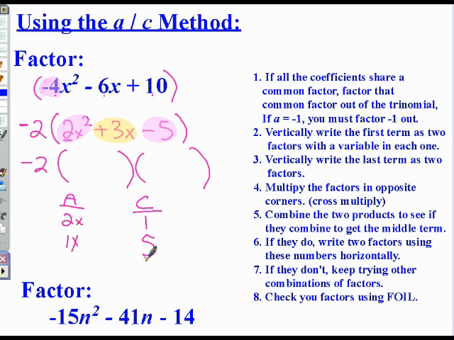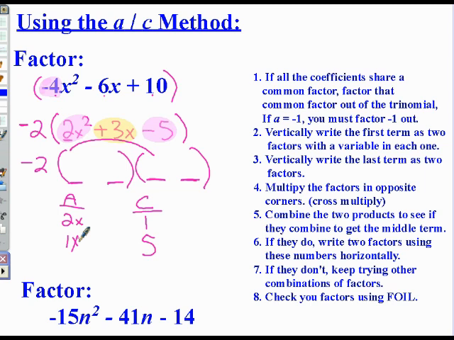Now why do we look at a and c? Because in FOIL, your first terms give you your a term in the trinomial, and your last terms give you the c term. So we're looking at the factors of a and c. Now you want to make sure that they combine right to give you the right b term.